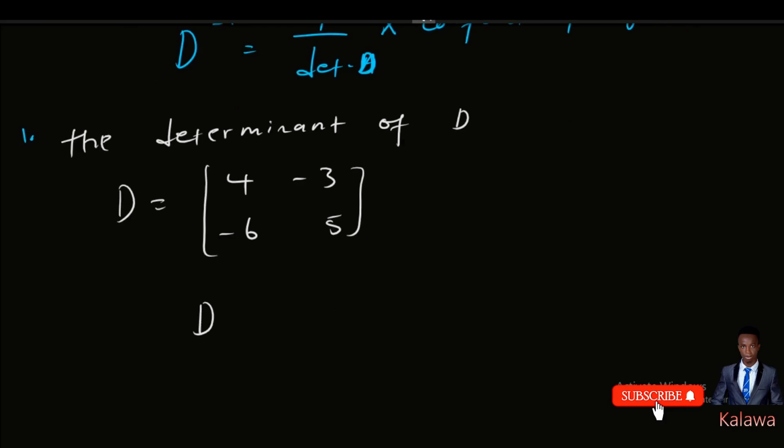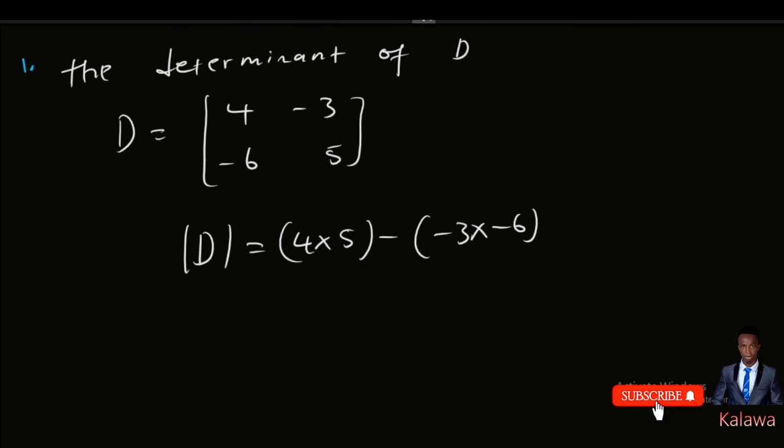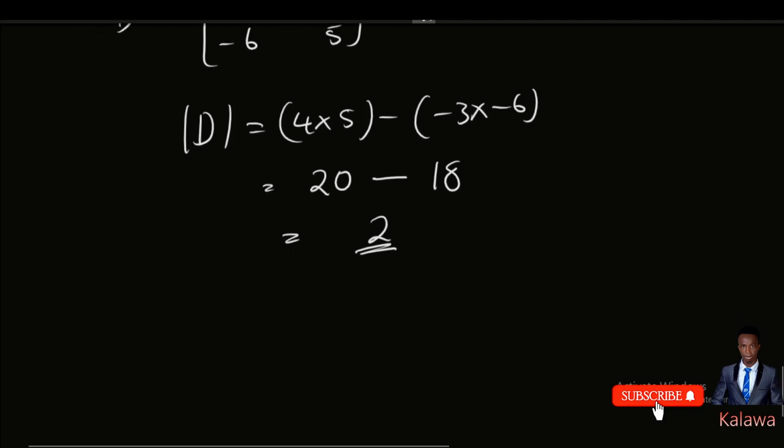The determinant is going to be 4 multiplied by 5, minus minus 3 multiplied by minus 6. So 4 times 5 gives us 20, minus 3 times minus 6: 3 times 6 is 18, and minus times minus is plus, so this is 18. Then 20 minus 18 gives us 2.